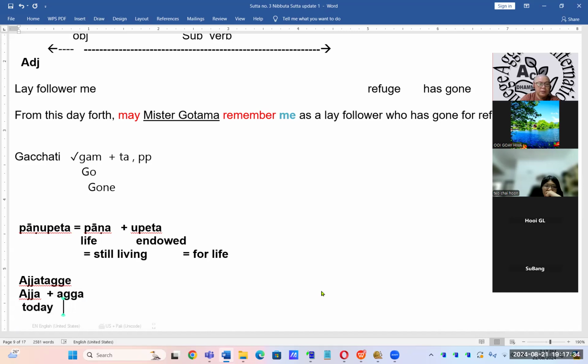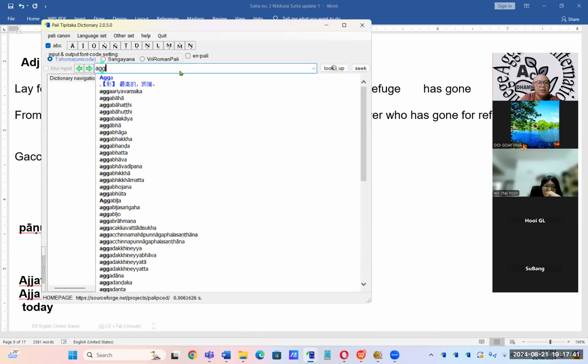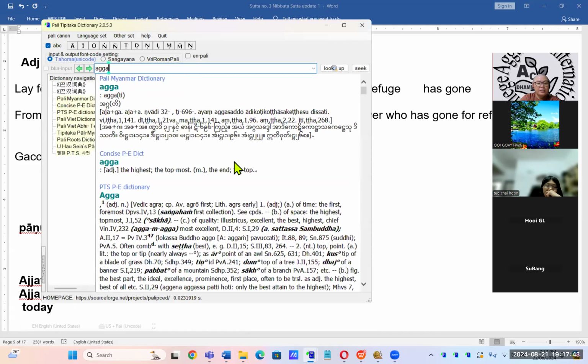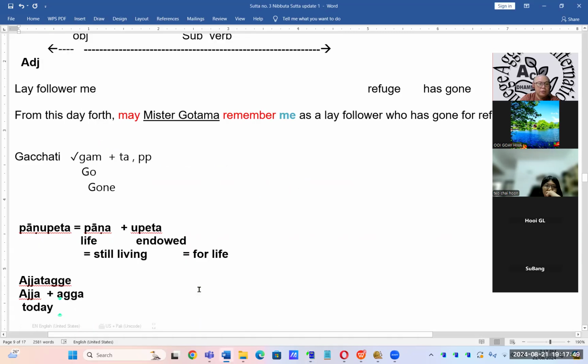Agga means, actually, there are a lot of translations for the word agga. Sometimes it can be a point, highest, end, or top, right? But what it means is, we can say maybe starting, okay? We can use the words like starting from today.